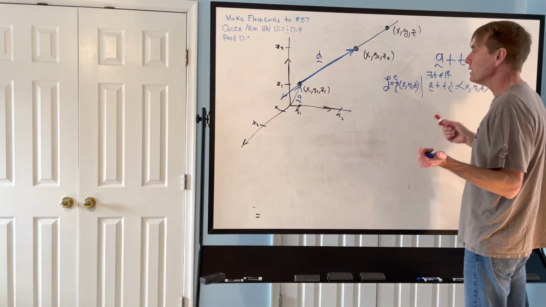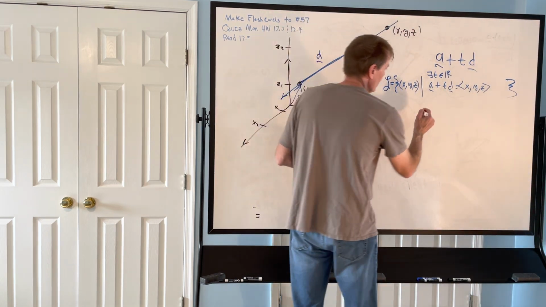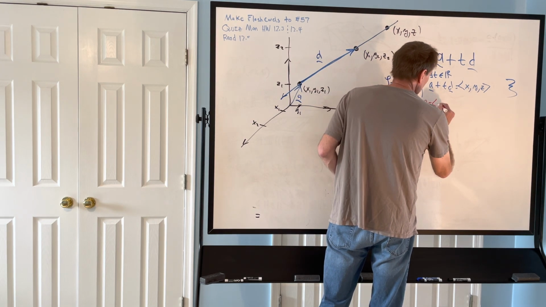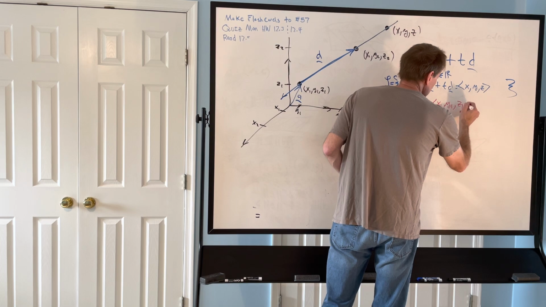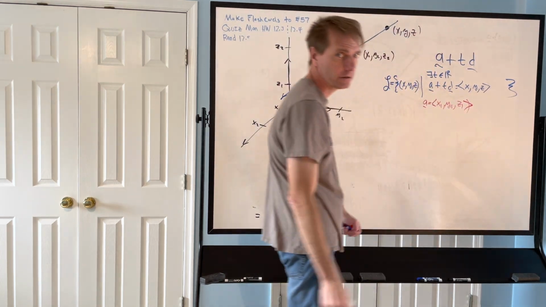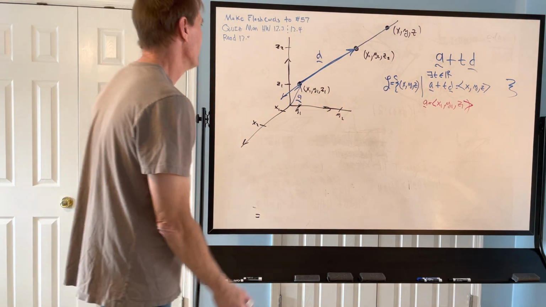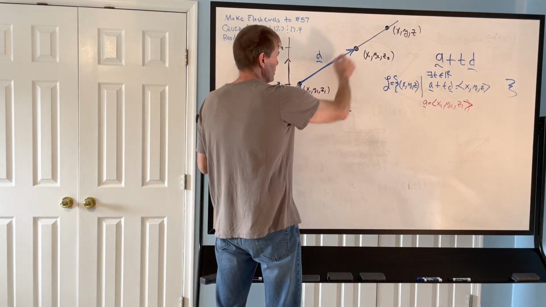Okay, so if I'm thinking about it and you're just looking at this, what would the position vector be? Well, again, it would just be the vector x1, y1, z1. And then if I'm looking at my direction vector, well, it's just the subtraction of these two.